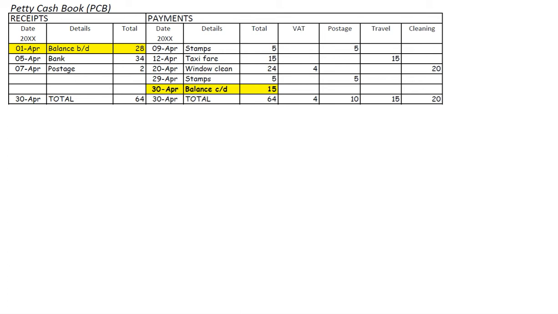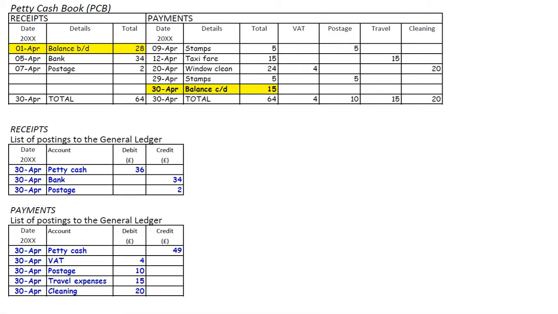And this is very similar to the way that we dealt with our normal cash book, which had balances brought down and carried down. So I'll just bring up the same postings lists that we constructed when we were dealing with the petty cash books that didn't have the balances brought down or carried down.